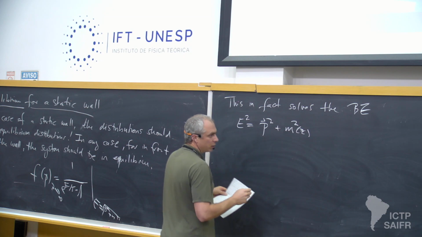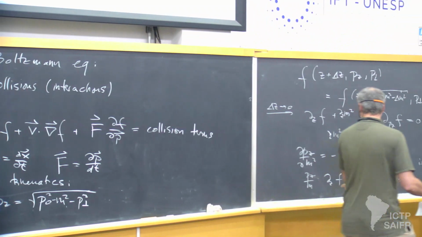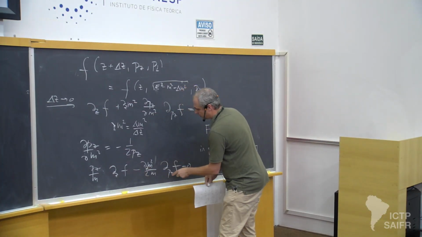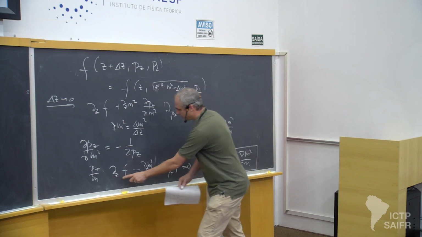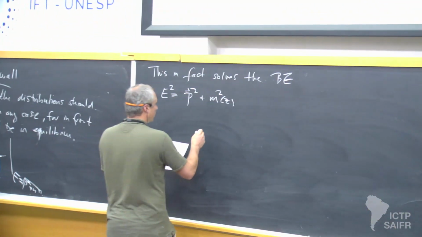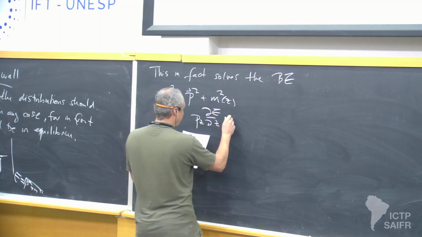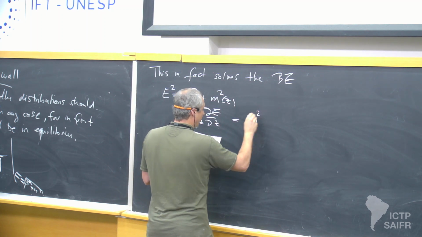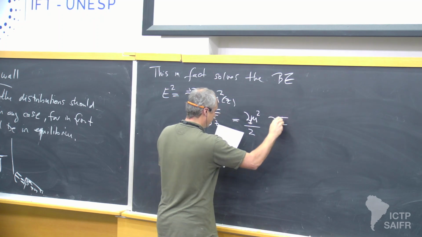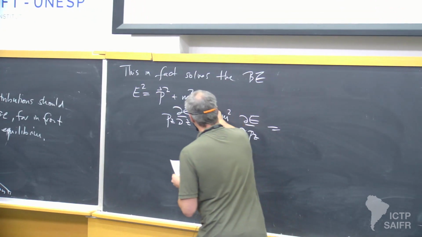And then we can check the Boltzmann equation, but we see that this function f is just a function of E, right? So we can write these derivatives of pz and of z, using the chain rule, as derivatives of E. So the only thing we have to check is that pz dE/dz is equal to (m squared)' over 2 times dE/dpz, okay? And this is what we want to check.